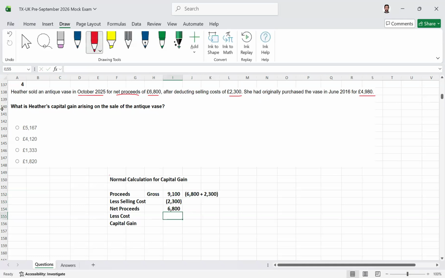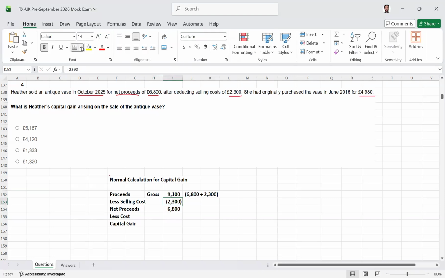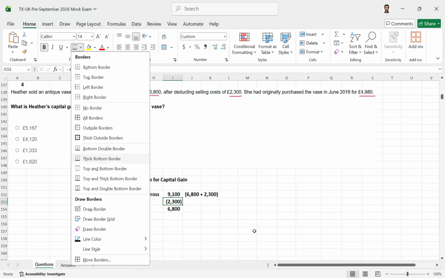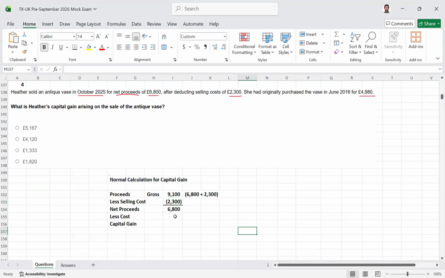I will explain why I have calculated the gross proceeds. Here we have the net proceeds. From net proceeds, we deduct the cost, which is 4,980, and we have the gain. So the gain is 1,820. This is one of the calculations.